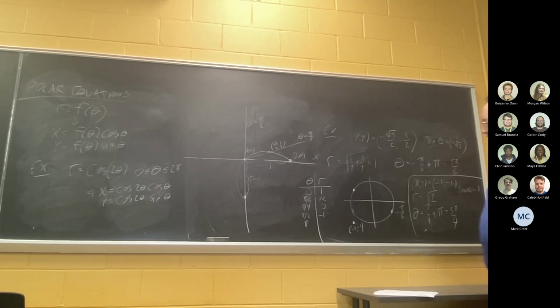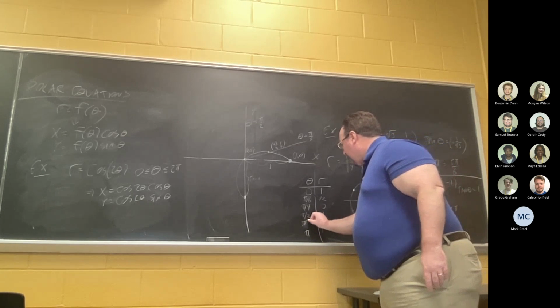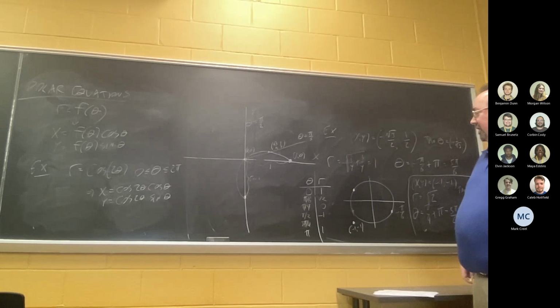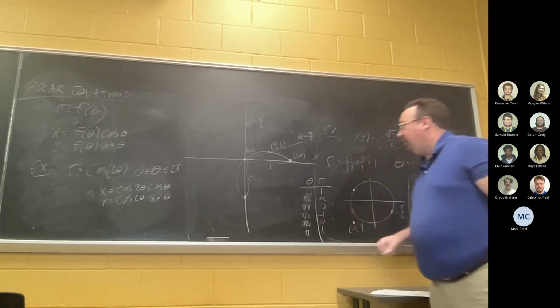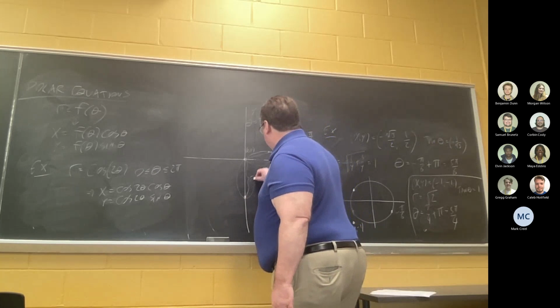And you know what? I should not have gone all the way to pi. In between, if I do 3 pi over 4, cosine of 3 pi over 2 is 0, so we're back to the origin.